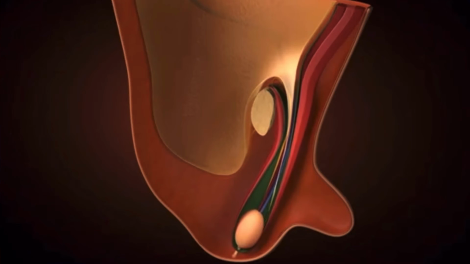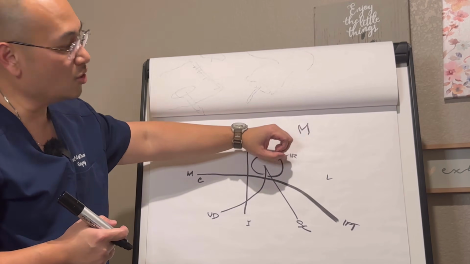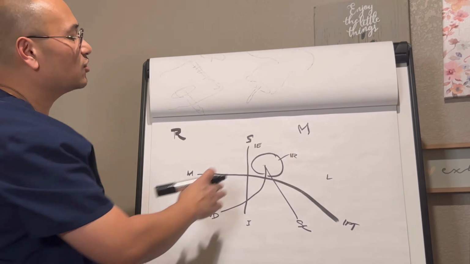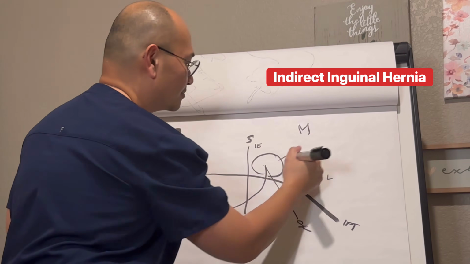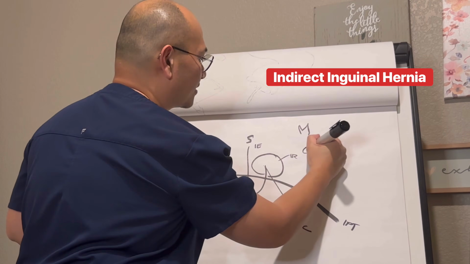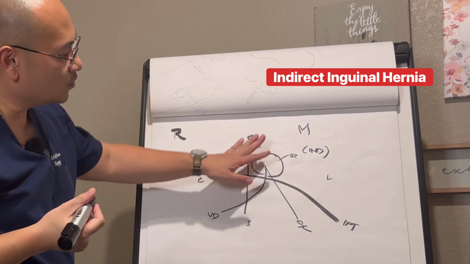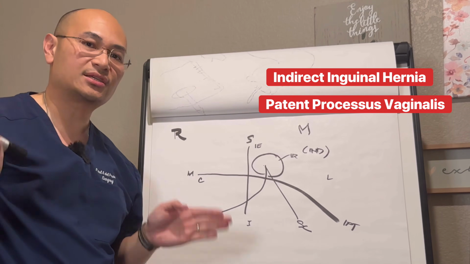What should happen is the inguinal canal should actually close over, not strangulate, but just close over naturally, and prevent things from getting in there to prevent an indirect hernia. So this is going to be an indirect hernia. And if that doesn't close, we call it a patent processus vaginalis.